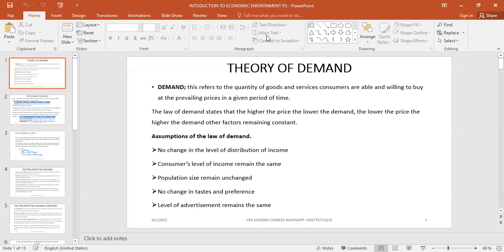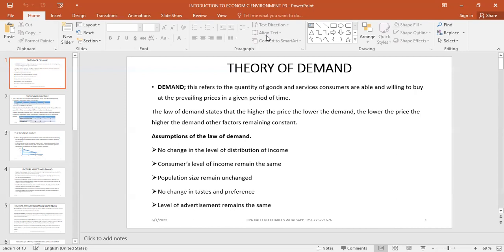Demand refers to the quantity of goods and services consumers are able and willing to buy or purchase at the prevailing prices in a given period of time. These are the number of units consumers can buy at a given price in a given period of time.